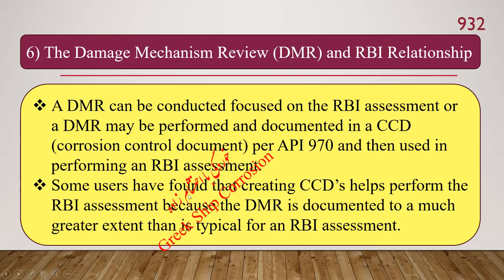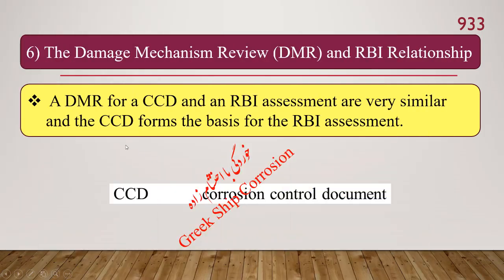Some users have found that creating CCDs helps perform the RBI assessment because the DMR is documented to a much greater extent than is typical for an RBI assessment. A damage mechanism review for a corrosion control document and a risk-based inspection assessment are very similar, and the corrosion control document forms the basis for the RBI assessment.